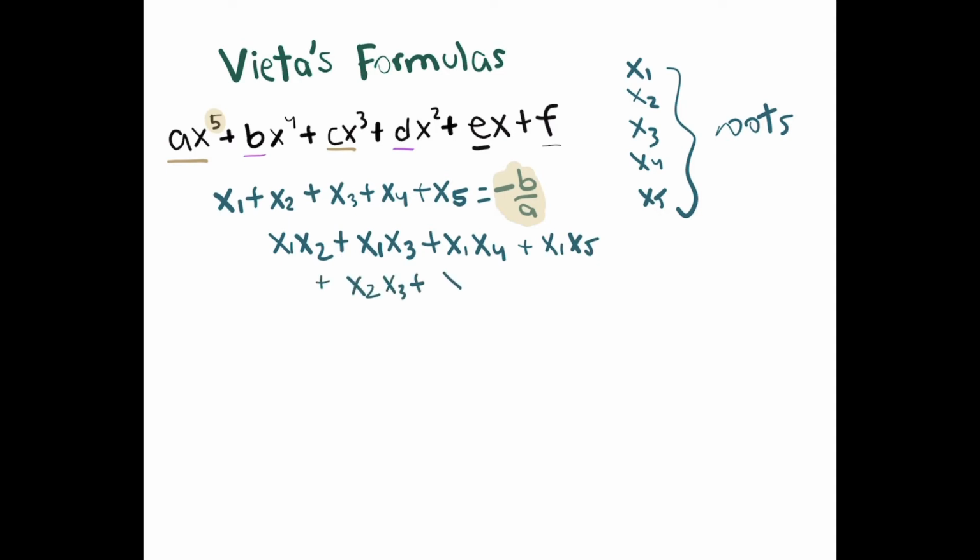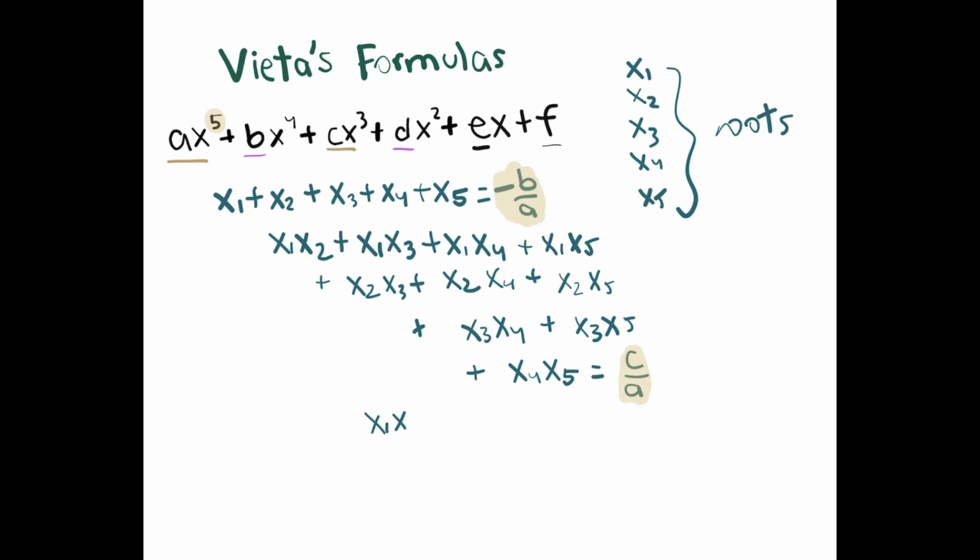It's basically taking sets of 2 from those 5 roots. So it's every root times another root except for itself, and these added together would equal c over a. Keep in mind that those are all coefficients.